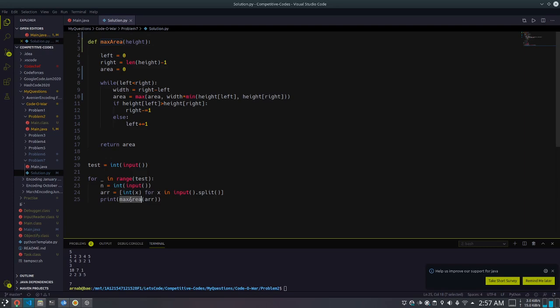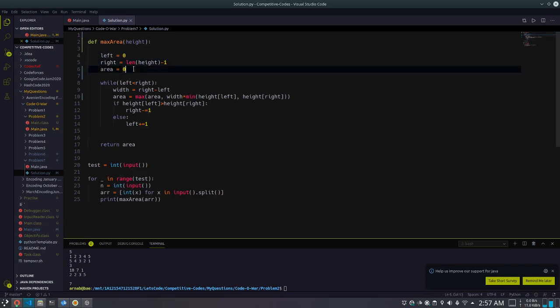Our operation is computed by this function called max area. Max area takes an array as its function argument, and we have these variables called left and right, which are the 2 pointers. Initially left points to 0 and right points to length of height minus 1.